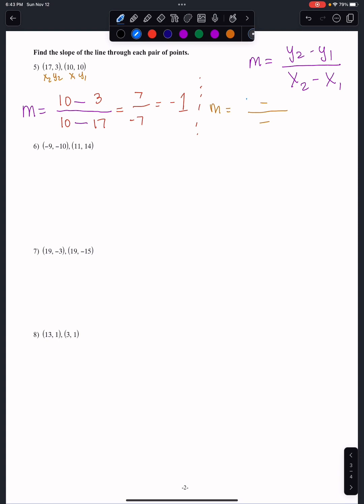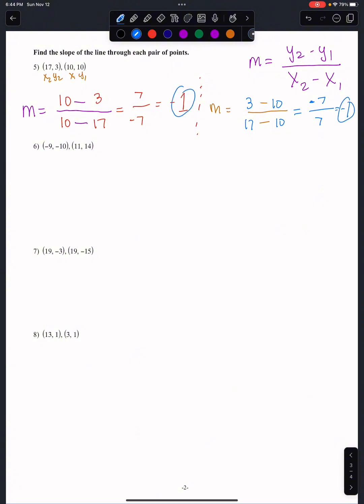So y2 is 3. Y1 is 10. And then our x2 is 17. X1 is 10. Right? 3 minus 10 is negative 7. 17 minus 10 is positive 7. This all equals negative 1.